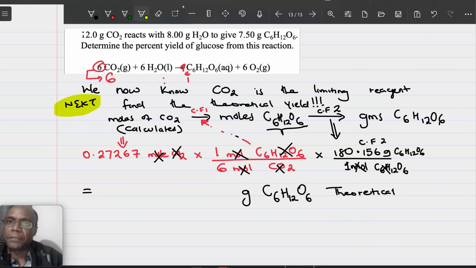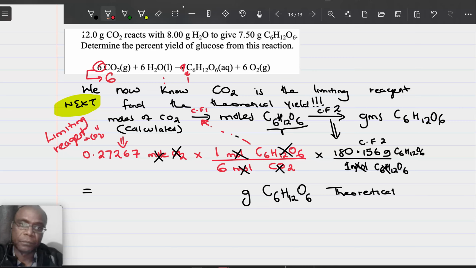Remember again, the theoretical yield is calculated from our limiting reagent or limiting reactant, which we determined before, it's CO2. So that's why we are using the moles of CO2 right here. The answer we'll get here will be the theoretical yield based off limiting reactant CO2.